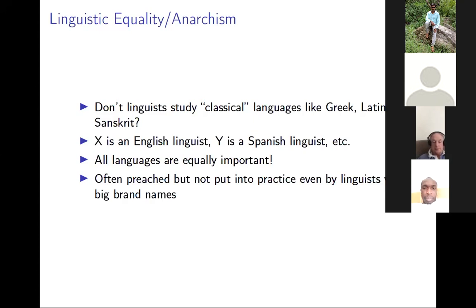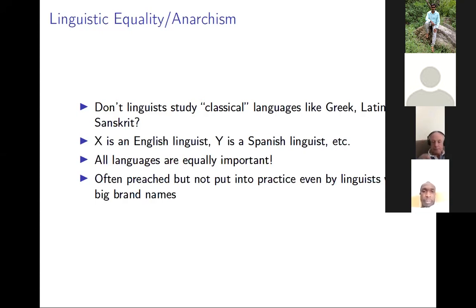That's because of geopolitical hierarchies, and that's because of historical hierarchies, etc. But we should be very careful to not let those hierarchies affect us as linguists when we are doing linguistics. All languages are equally important, and every language should be studied with the same kind of curiosity and with the same sort of intellectual independence.